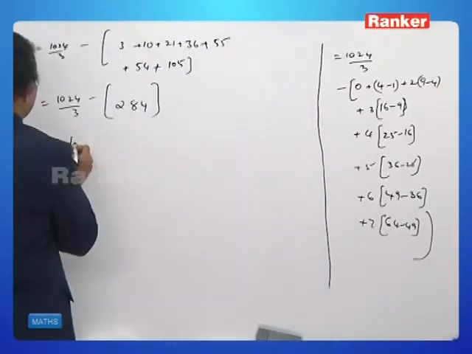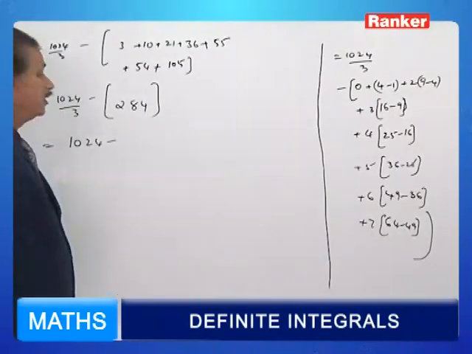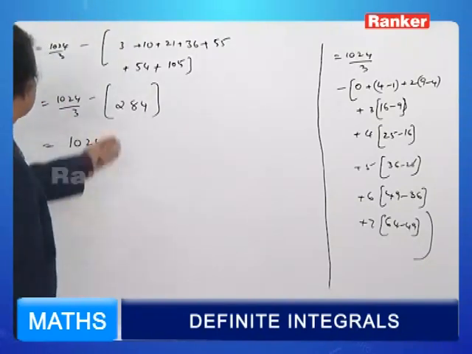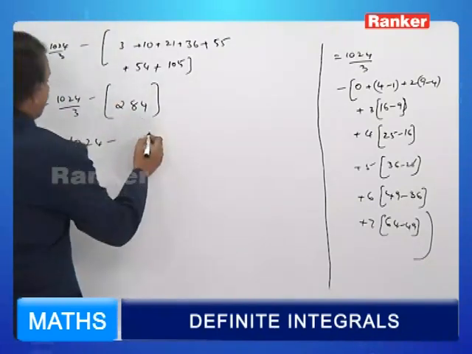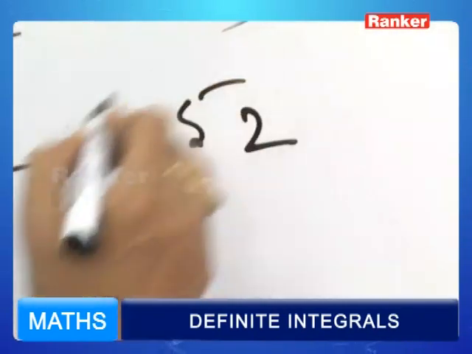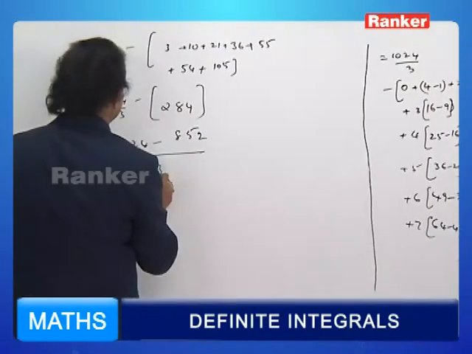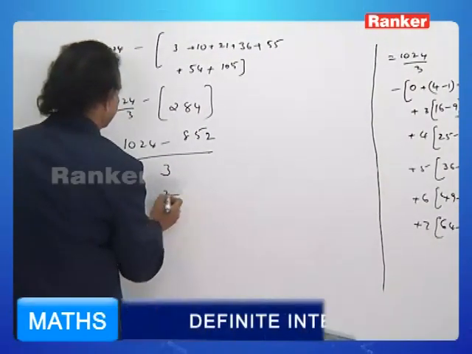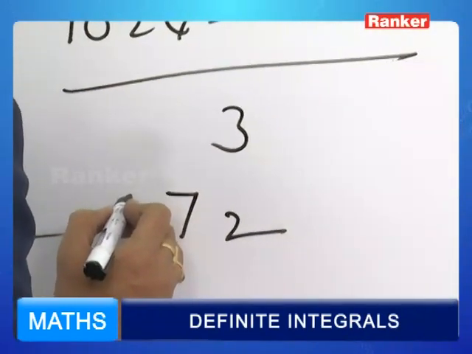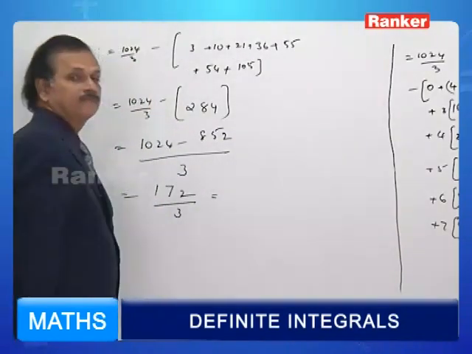This is equal to 1024 minus 3 into 284. You subtract 3 16s of 3 4s are 12, 3 8s are 24 plus 1 25, 3 2s are 6 plus 2 8 by 3. That is the answer.